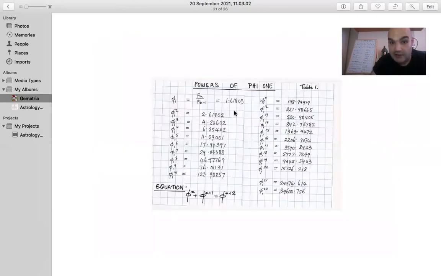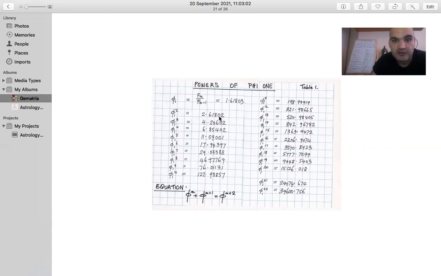This is the powers of phi here. I'll show you a pattern. For example, if you add 1.61803 plus 2.61802, you then get the next power of phi, 4.23602. And then the fourth one would be the second power of phi and the third power of phi added together.